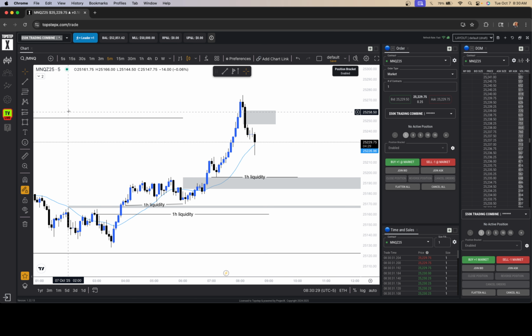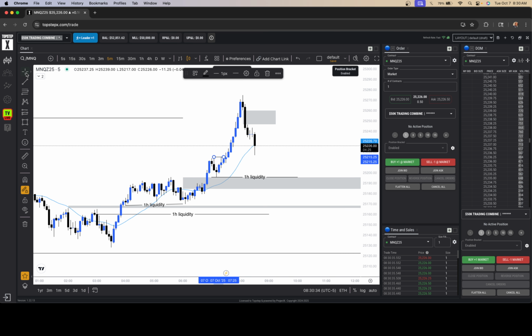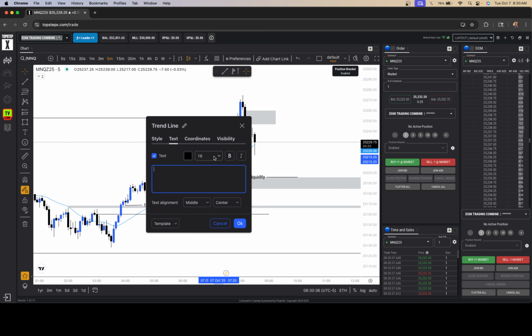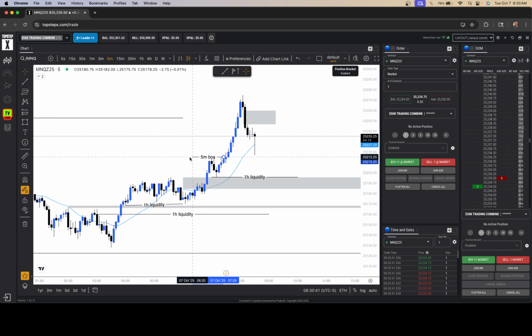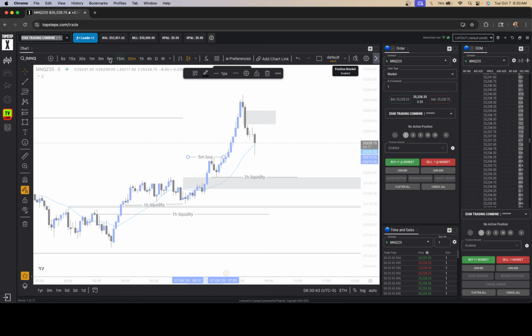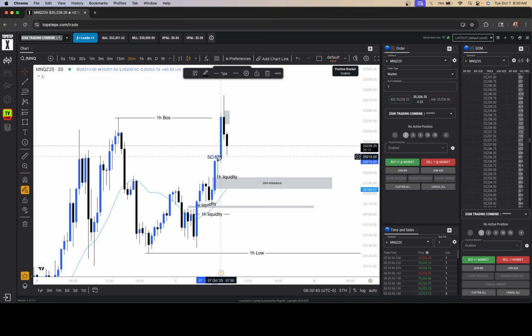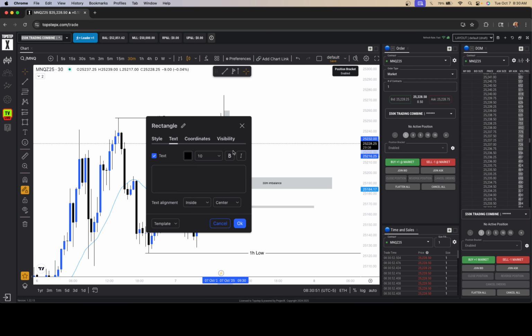So right now, for me, the 5-minute is bullish, but I don't know if we're going to head up though. This is now a 30-minute imbalance as well. 30-minute imbalance.